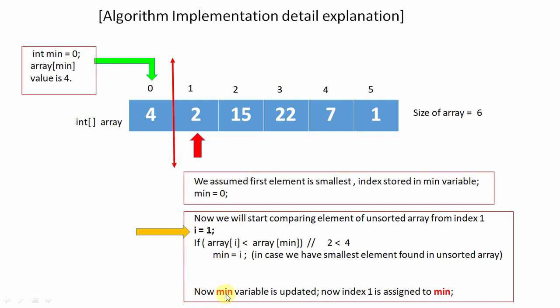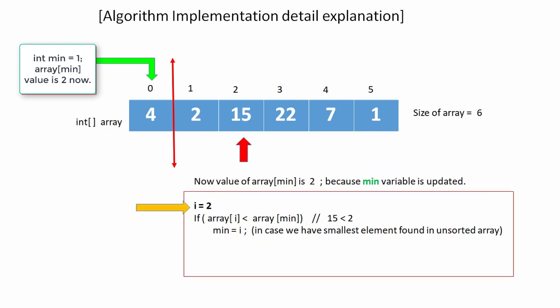Now the min variable becomes 1 and the minimum value is 2 right now. Okay, and we will move on to the next because we have other elements as well in this array. So we have to check whether this element is the smallest or whether any other element is smaller than this element. So we are going to the next slide to see what is the next step.